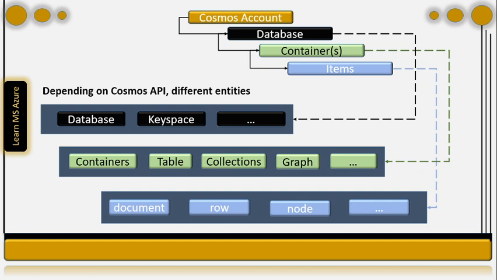And for the items, you can call them documents, rows, or nodes in case of different kinds of APIs that you choose from. So if you take an example of SQL, then you will call it database, and then container, and then document. So that is how the different terminology is there for different kinds of APIs that you can choose from.